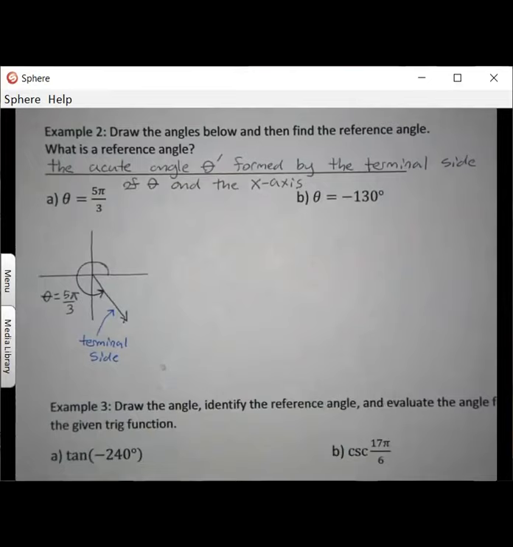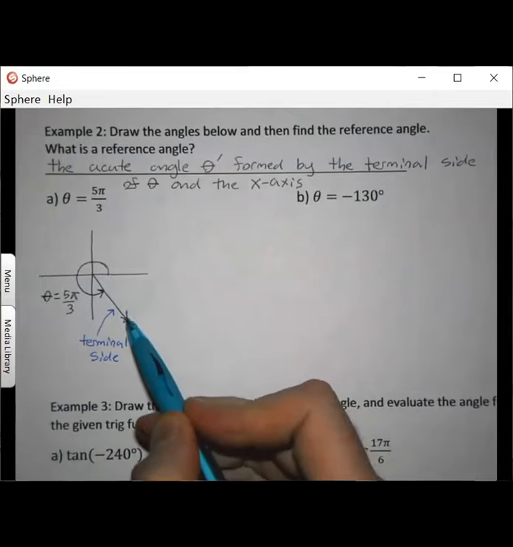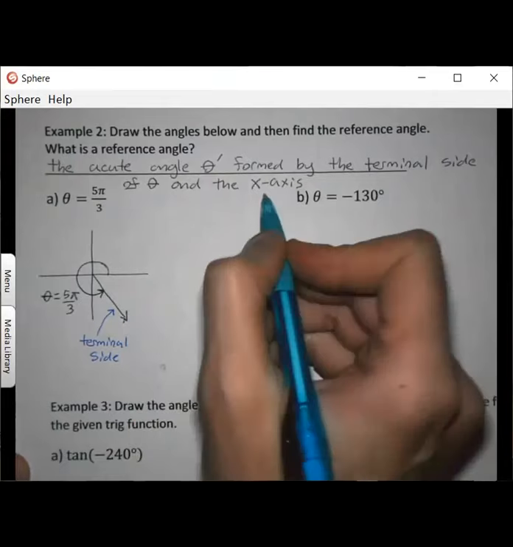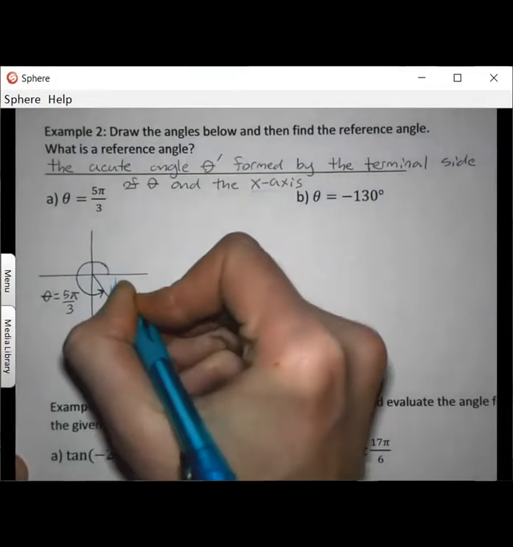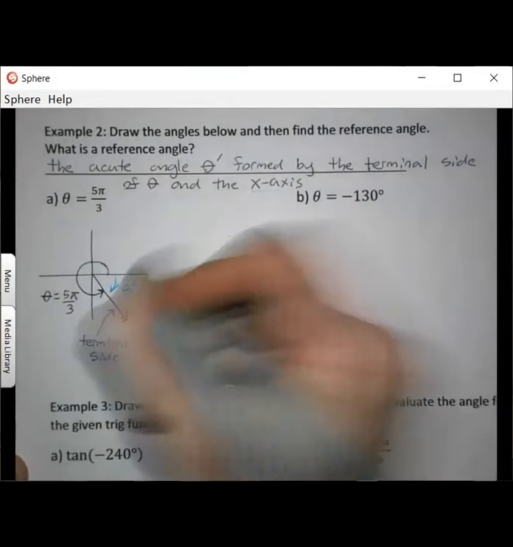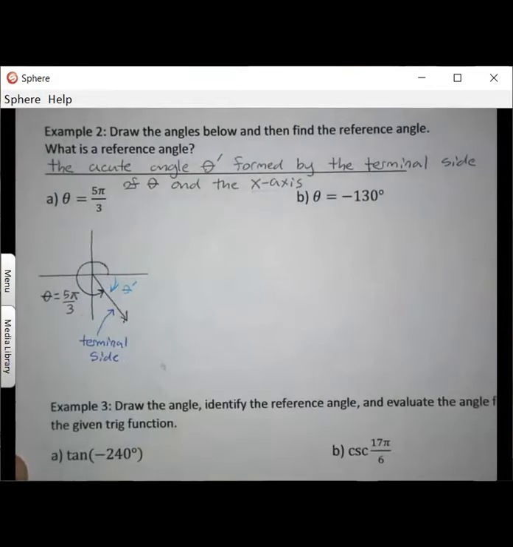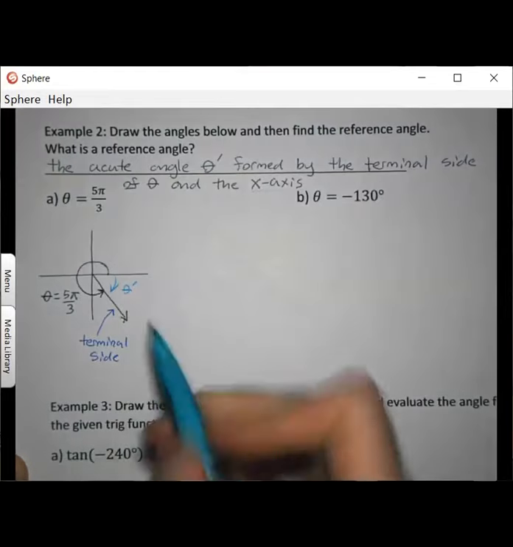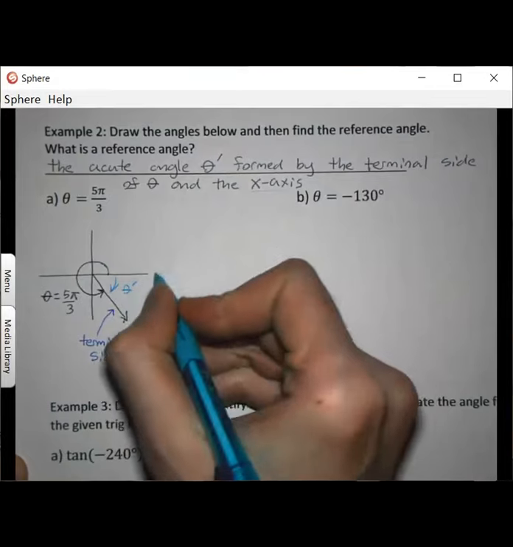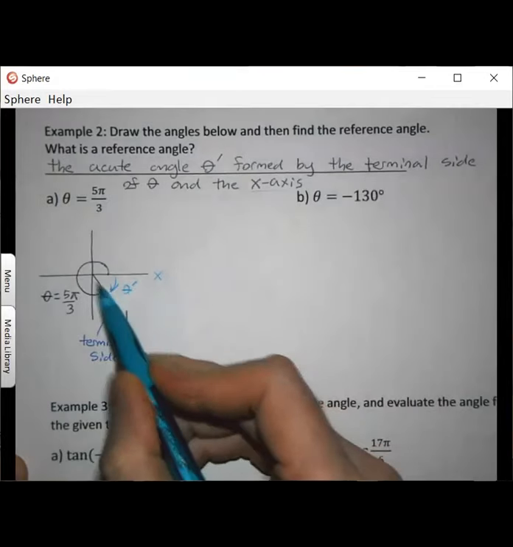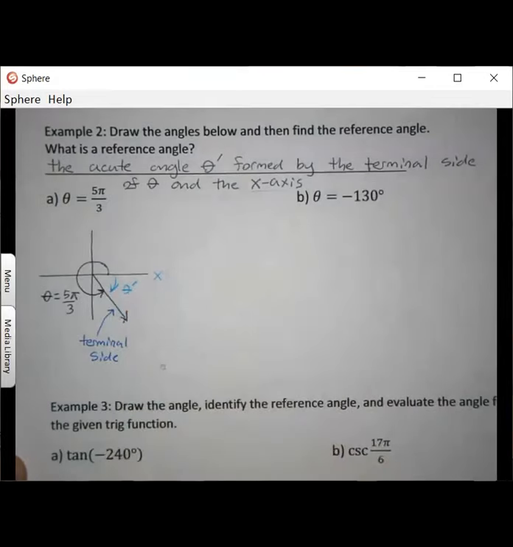And then the angle theta prime formed by the terminal side and the x-axis, or right here, is your reference angle. So the reference angle is always going to be from your x-axis to the terminal side.